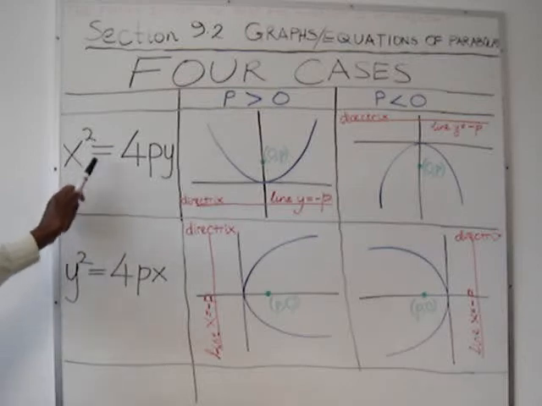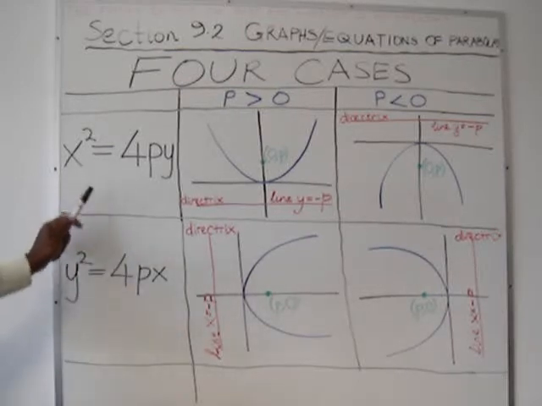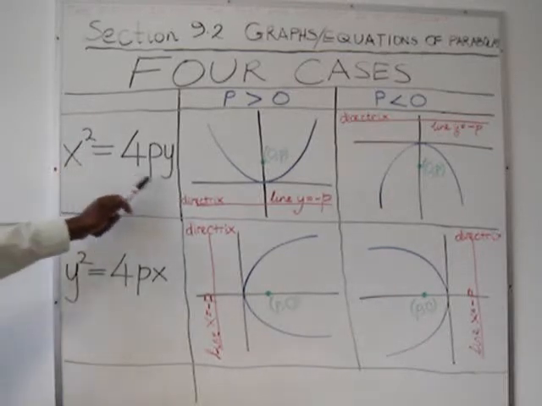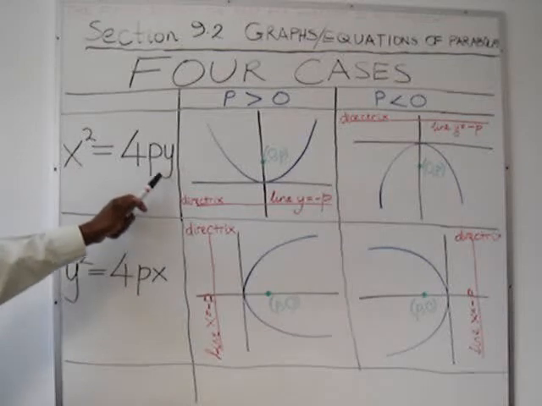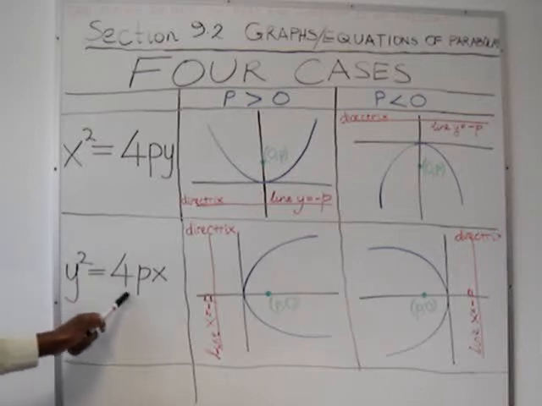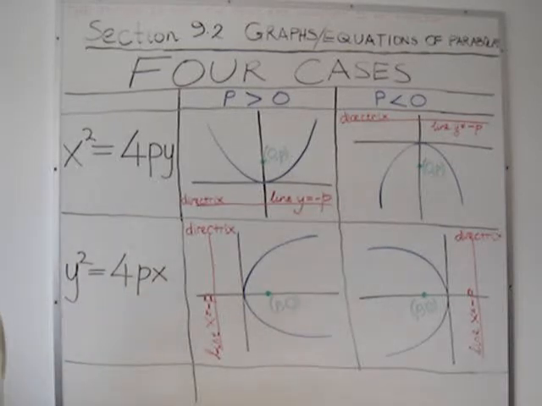So I've got the 2 cases of the equations on the left side here. The case where x is the one that's squared. Remember the general form, x squared equals 4py. And then the case where it's y that is squared, y squared equals 4px. Those are the 2 forms of the equation, where, remember from the beginning, we set b and c equal to 0.